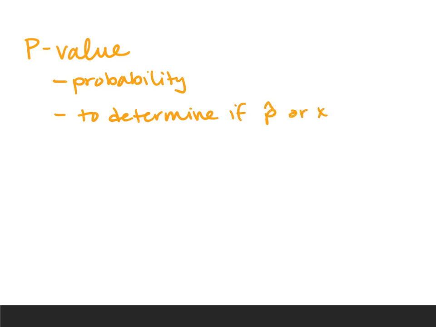All right, so when we talk about a p-value, again, it's a probability and it's helping us figure out whether or not something is unusual. And let's say is unusually far away from what is expected.